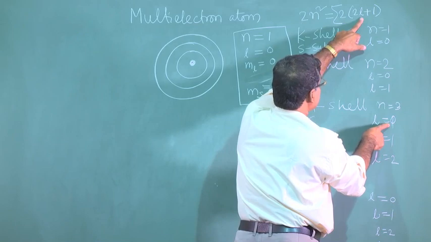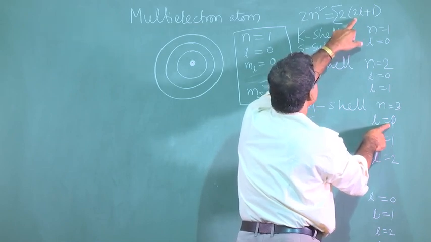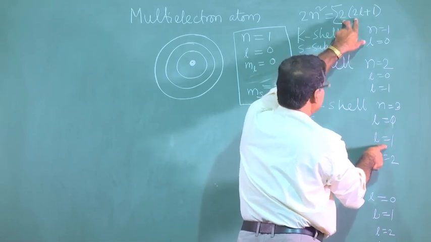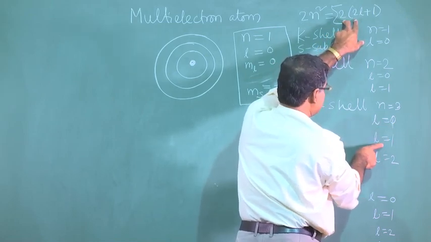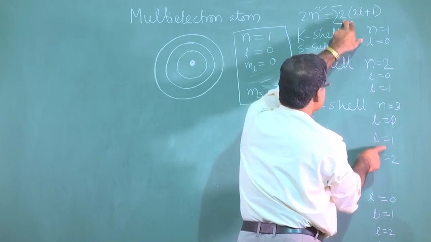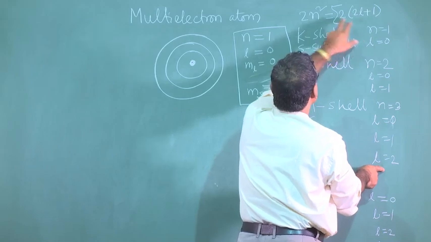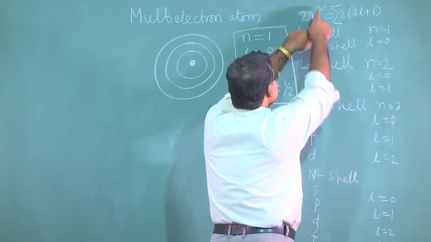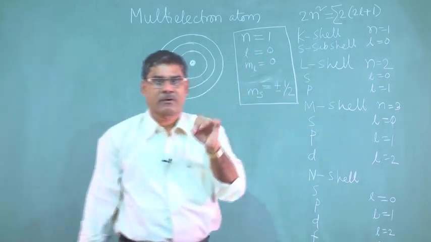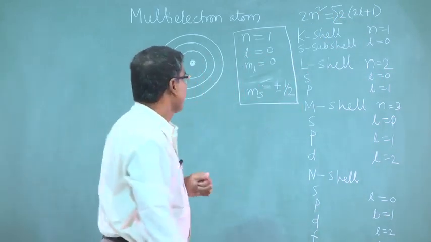For L equal to 0 it will be 2 electrons, and then L equal to 1 gives 6, so 2 plus 6 is 8, and L equal to 2 is 10. So 8 plus 10 is 18. So n equal to 3 is 18. One has to sum up for each orbital.